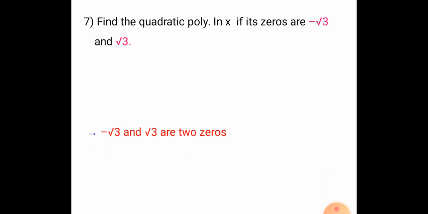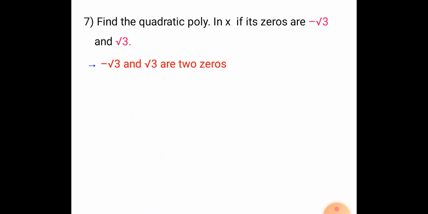But here in this case we have to say that given zeros are minus root 3 and plus root 3, then you have to convert these zeros into factors. Now the factors are x plus root 3 and x minus root 3. These are the two factors based on the given zeros.